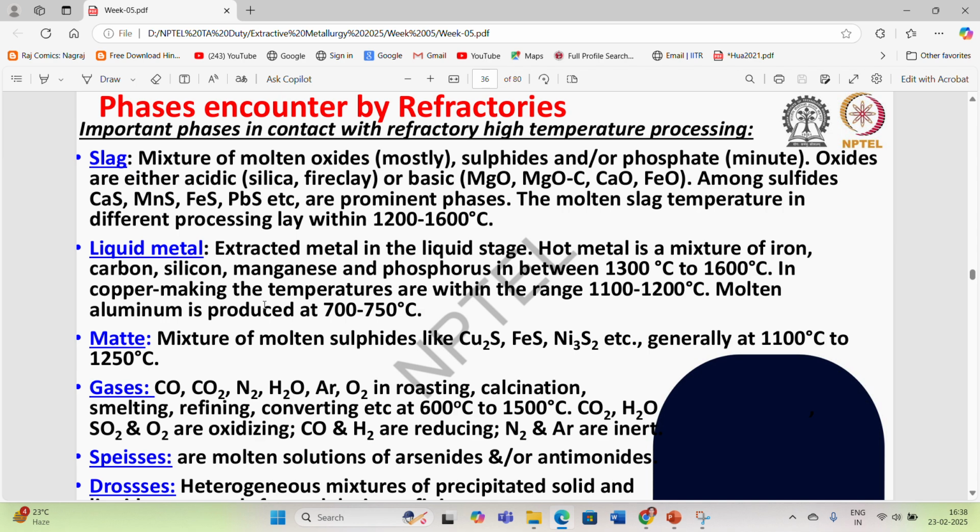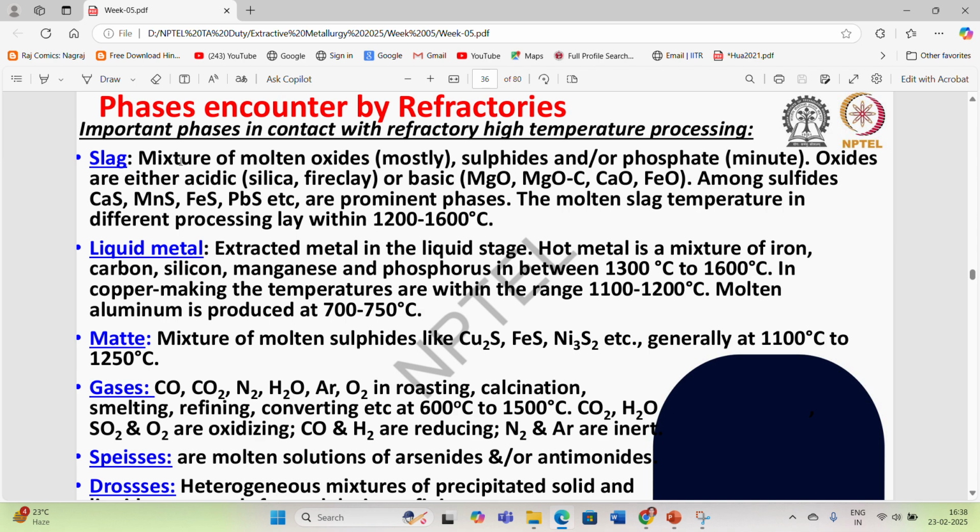For acidic slag, we generally need acidic refractory, like alumina or silica material. And if we have basic slag, we are going to require basic refractory material like magnesite or dolomite, so that the slag cannot react with the refractory material, leading to distortion of the refractory material during high temperature applications.